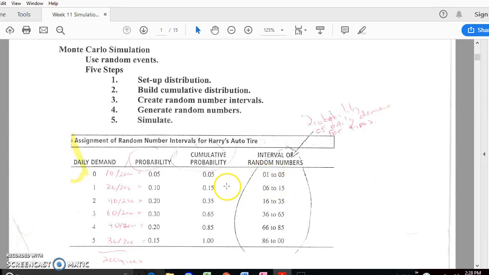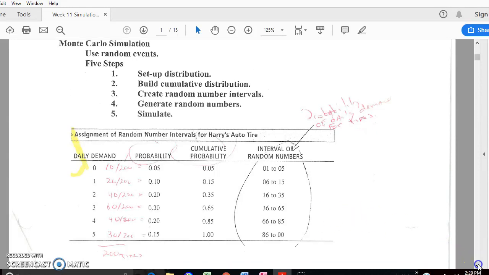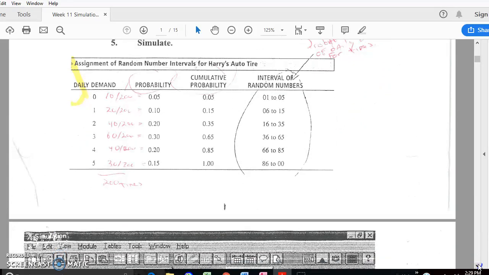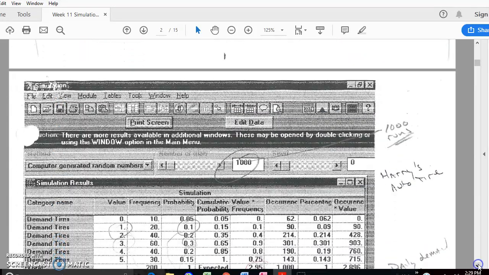For 6 through 15, representing our 15%, 16 through 35 for our 35%, 35 through 65, and on to the end of the cumulative probability distribution to develop your interval for random numbers. This is not only important for Monte Carlo analysis, but also for when we create multiple distributions, which we'll do in a second.